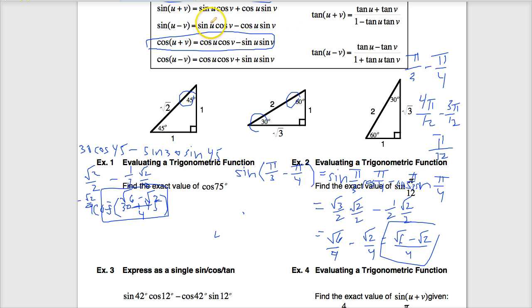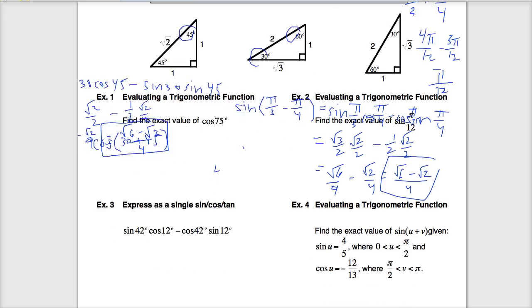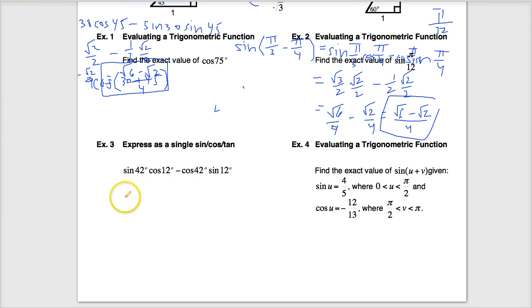If I ever get that problem, I could just simplify it into sine of the first degree minus the second degree. So all I'm saying is that this format means the exact same thing as sine of the first degree minus the second degree. 42 degrees minus 12 degrees is 30 degrees.